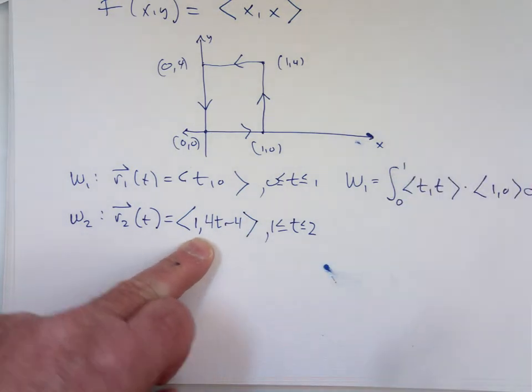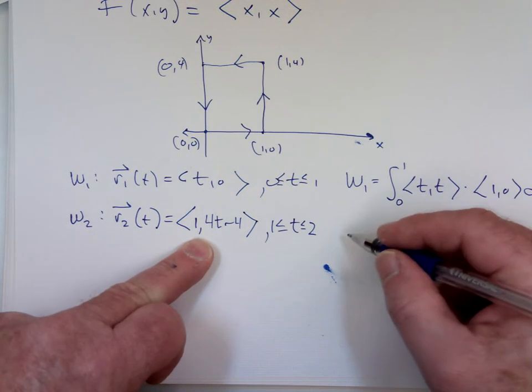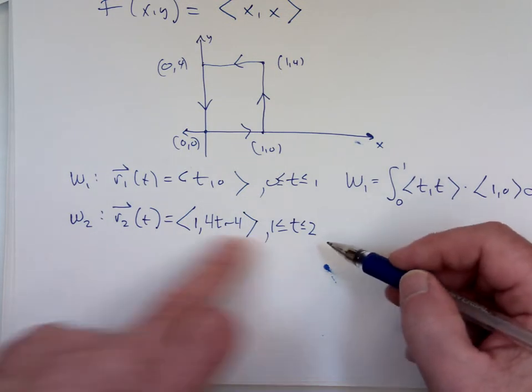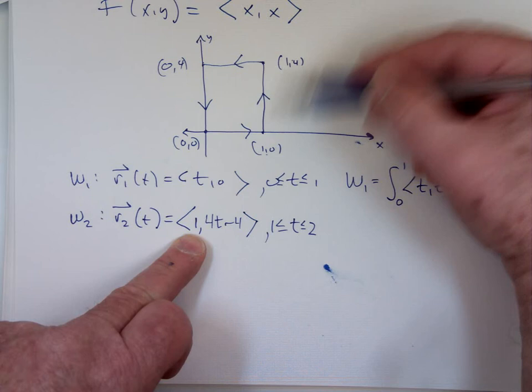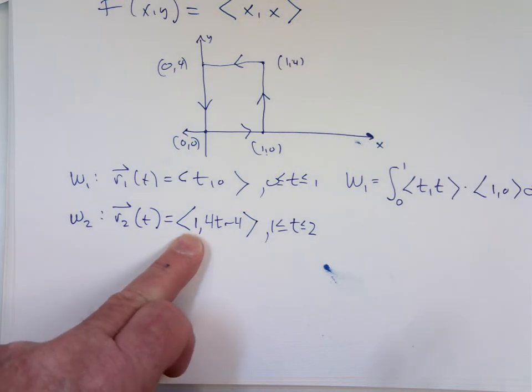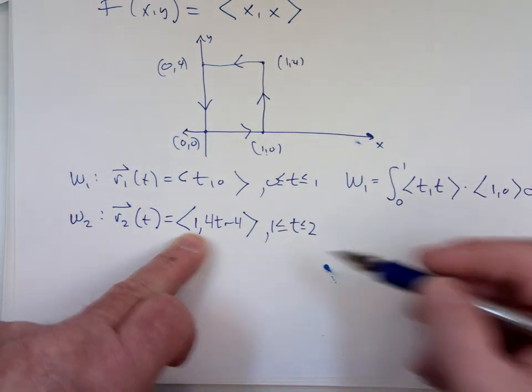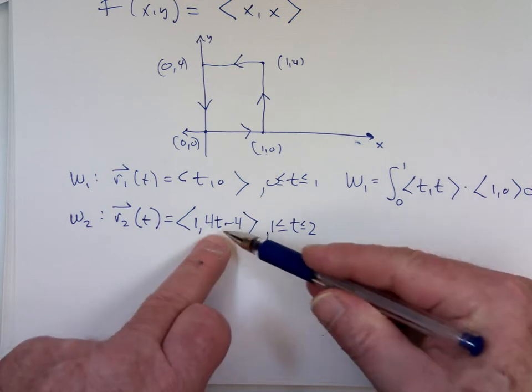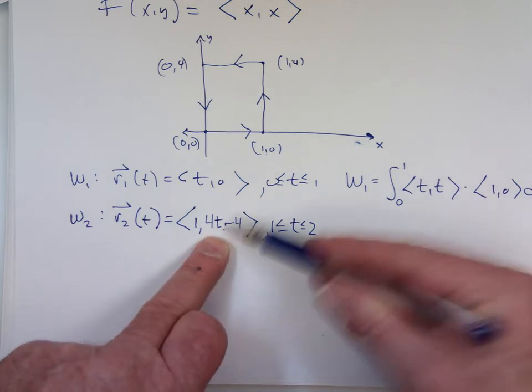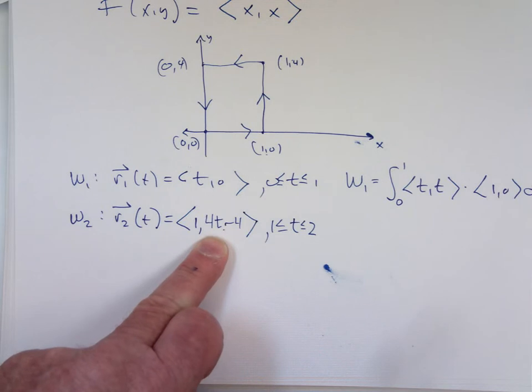Why is the x 1? The x is 1 because it stays at 1, the x coordinate. You plug t equals 2 in for t here to verify that you end at the right place. And then up there, y is going to say 4.